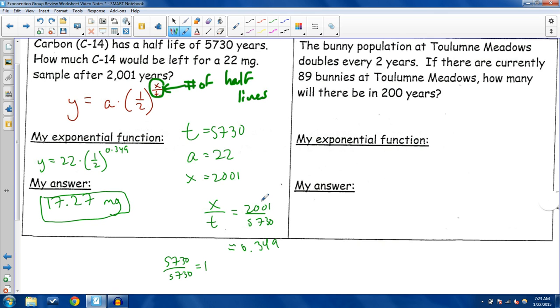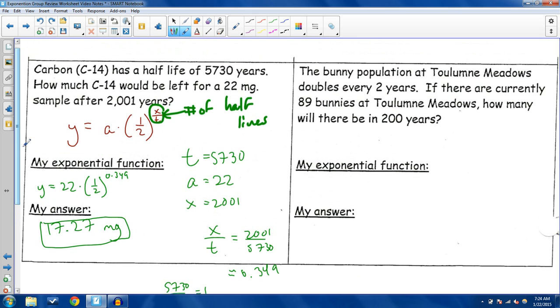If I had an x value that was twice the amount of t, it would have undergone 2 half-lives, which would mean I would have divided this in half to get 11, and I would have divided that number in half to get 5.5, etc. So 2 half-lives would have left you with 5.5 milligrams of C14.